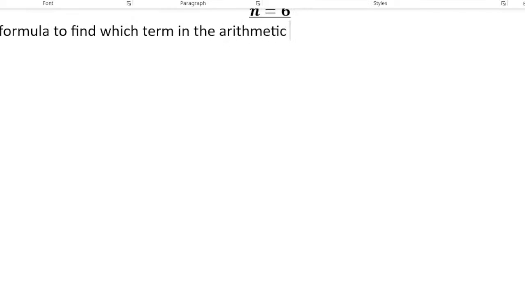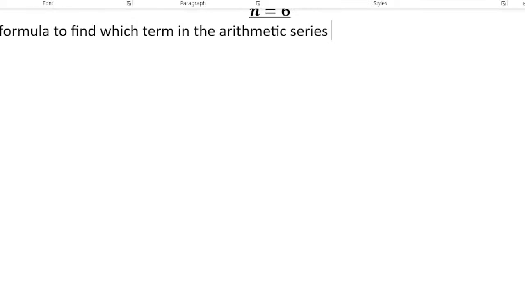In question 3, we have: use a formula to find which term in the arithmetic series.